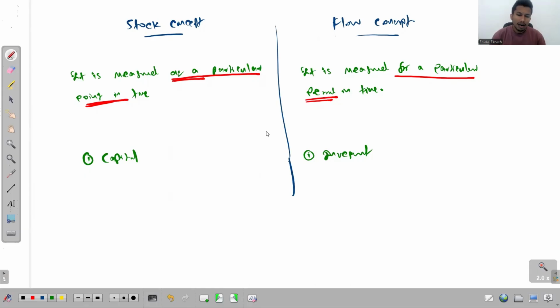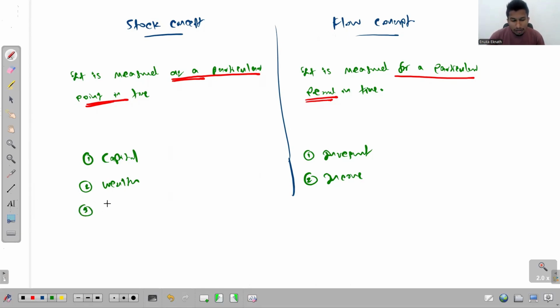And what are the other examples? Even if you take wealth of a person, it is a stock concept, but the income of a person is a flow concept. Income is measured for a particular period, but wealth is evaluated as at a given date. And what are the other examples?